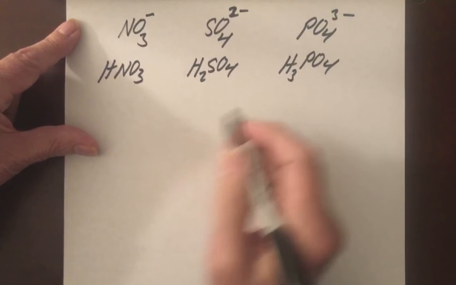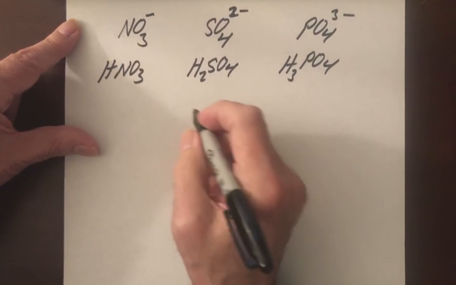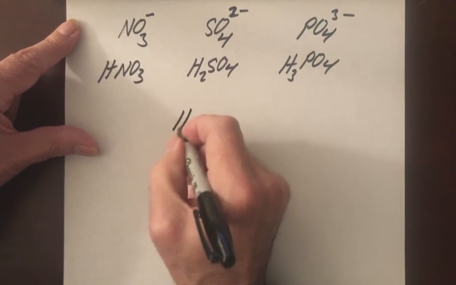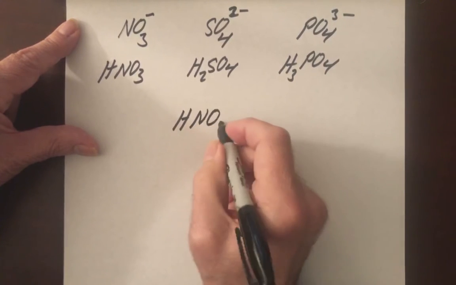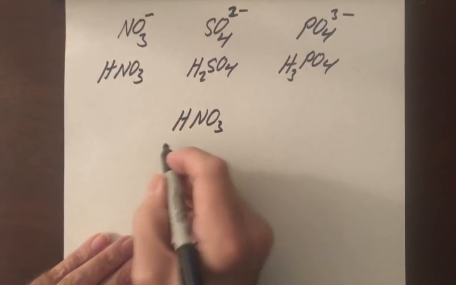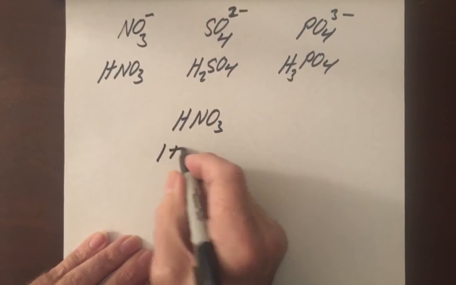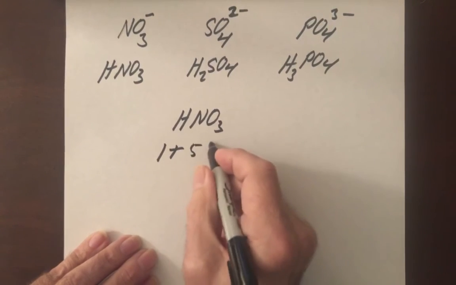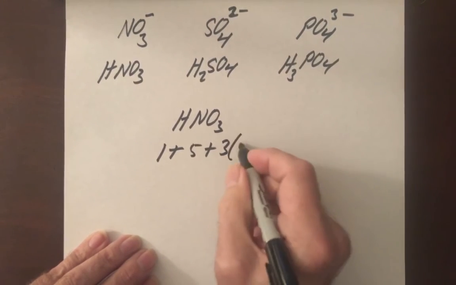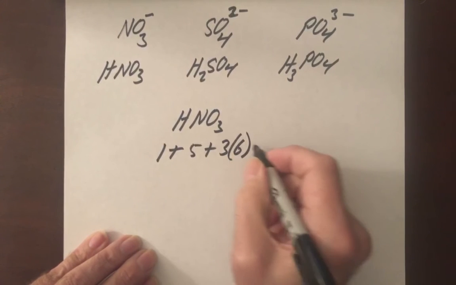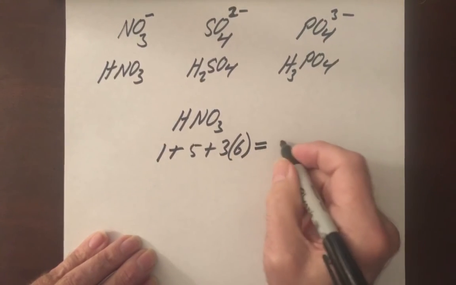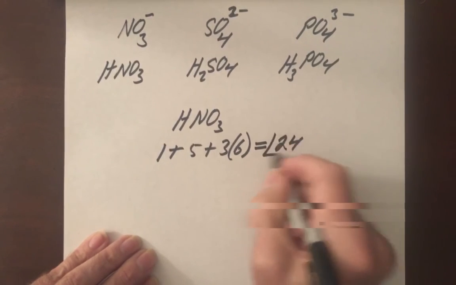Okay, so let's do nitric acid as an example. HNO3. So we have 1 valence electron for the hydrogen, 5 for the nitrogen, 3 oxygens with 6 each, so that gives us 24 electrons.